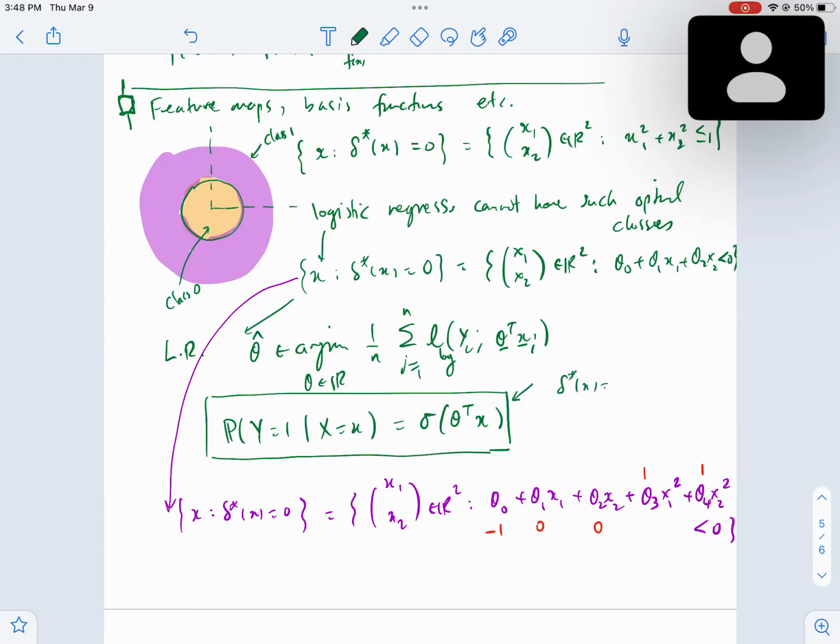Delta star of x would be 0 if this probability is less than 1/2, right? That was the decision rule.